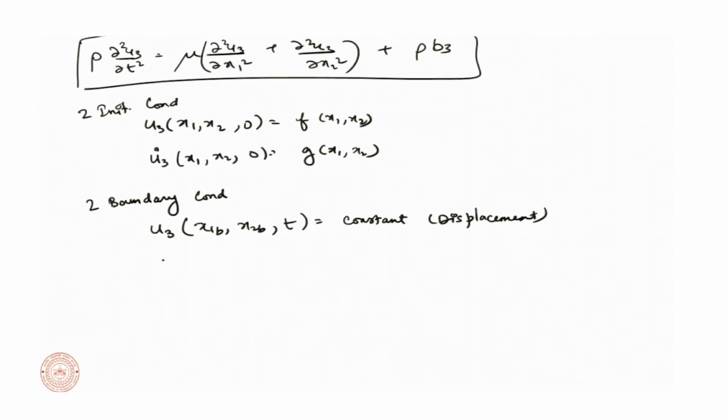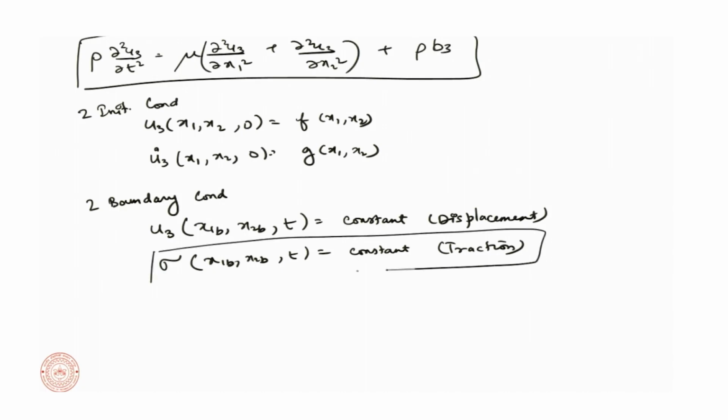And we can have our stress sigma along the boundary be a constant, it is traction. So we know the stress in that direction. In typical cases for membranes, we do not usually model traction-based conditions.